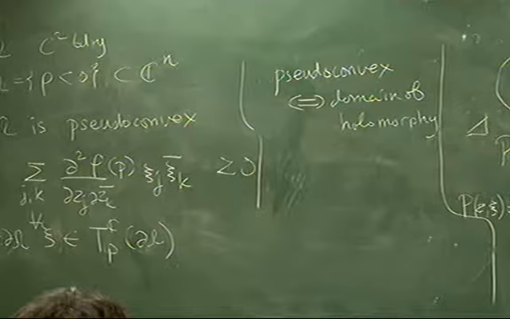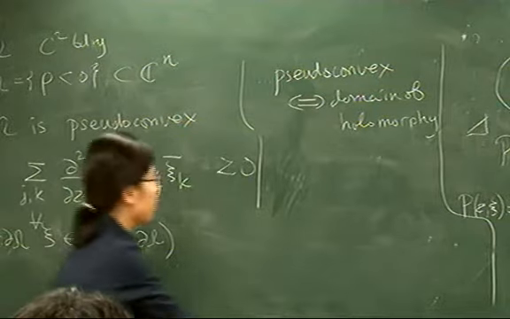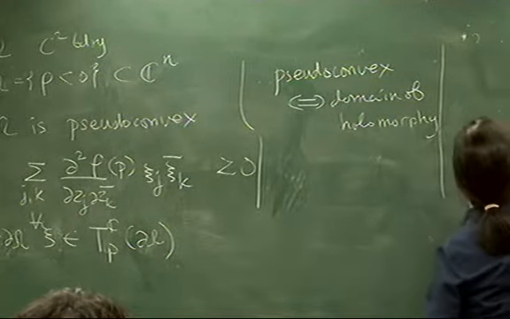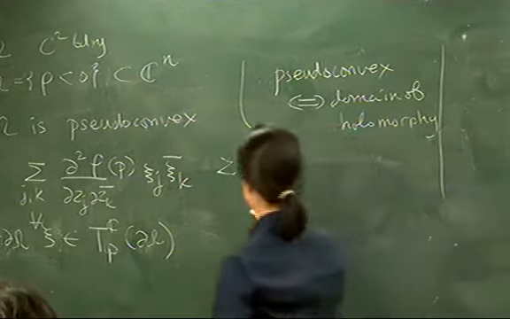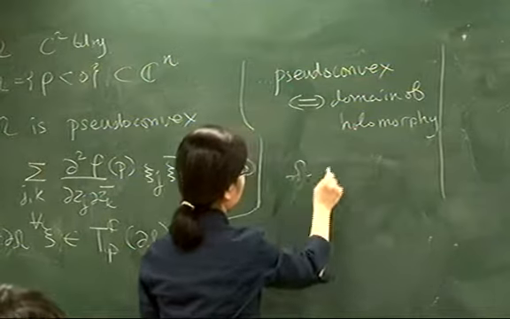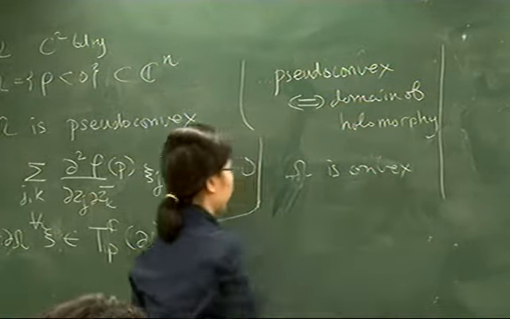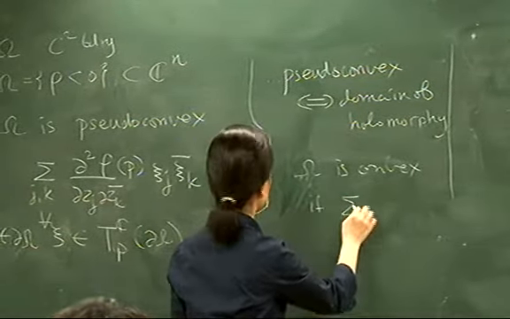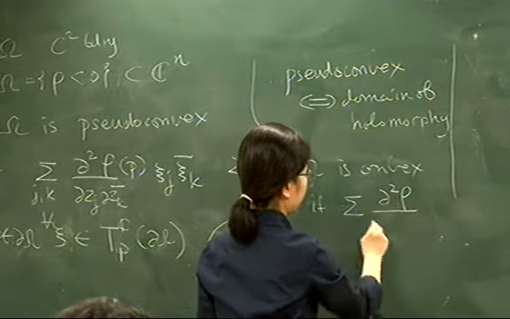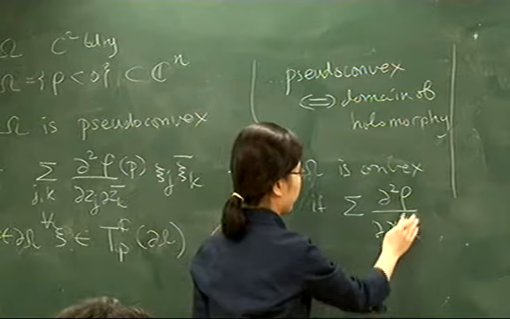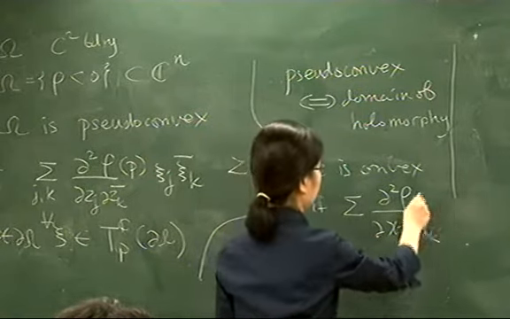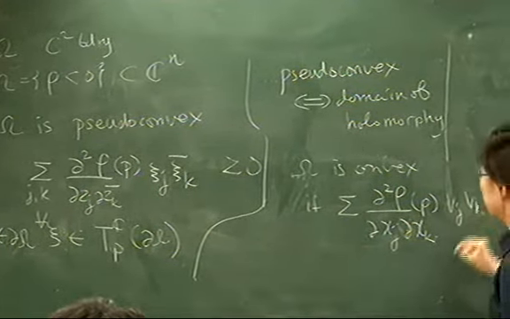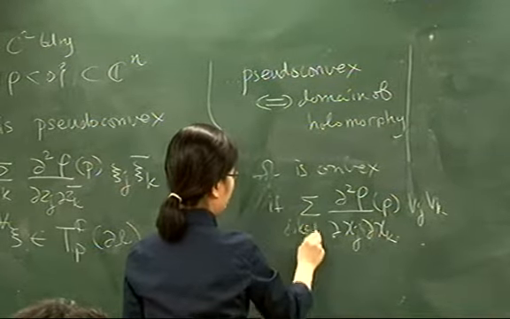Well, how is it different from convexity? Omega is convex, if we use the same notations, if the summation of rho_{x_j x_k}(p) v_j v_k, where j, k goes from 1 to 2n, is positive.